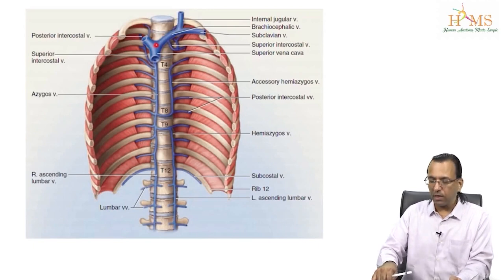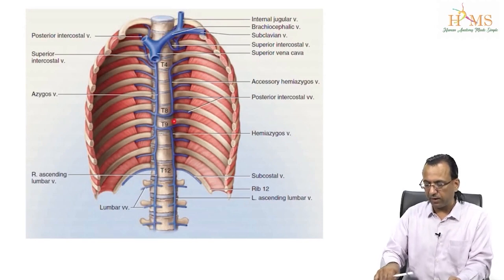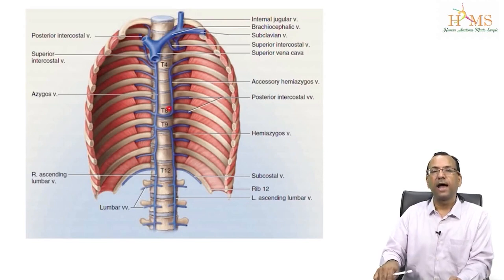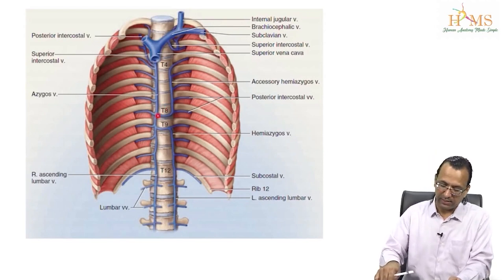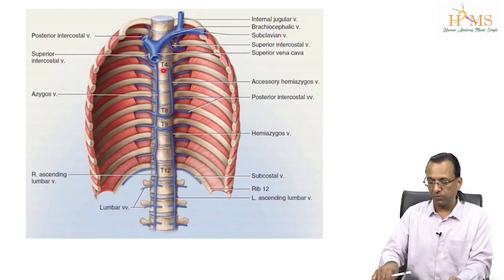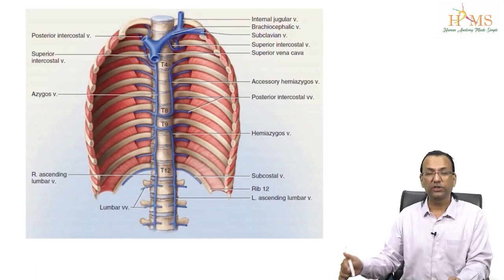There is one hemiazygos vein which drains the lower intercostal spaces, and then there is the accessory hemiazygos vein which drains the upper intercostal spaces. This accessory hemiazygos vein and the hemiazygos vein cross the midline in the vicinity of the T8 vertebra and then drain into the azygos vein, and then the azygos vein will drain into the superior vena cava at vertebra T4. This is the description.